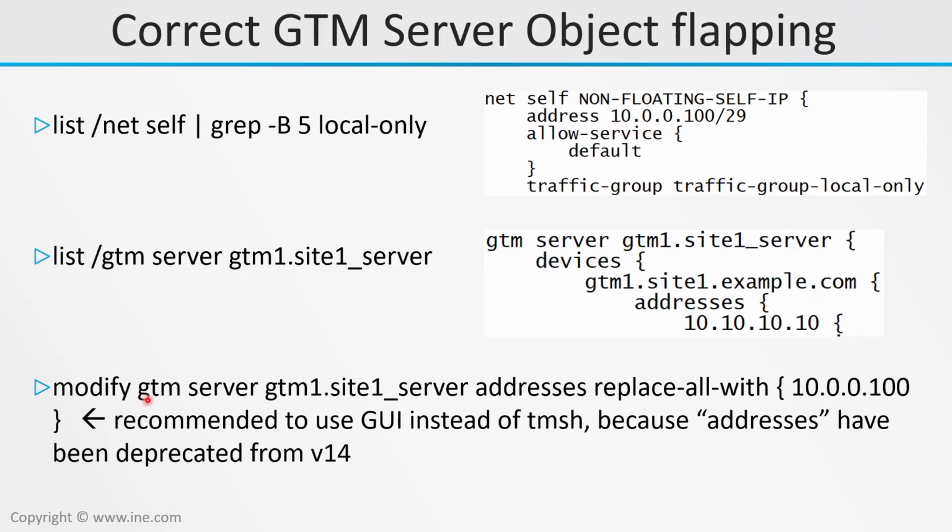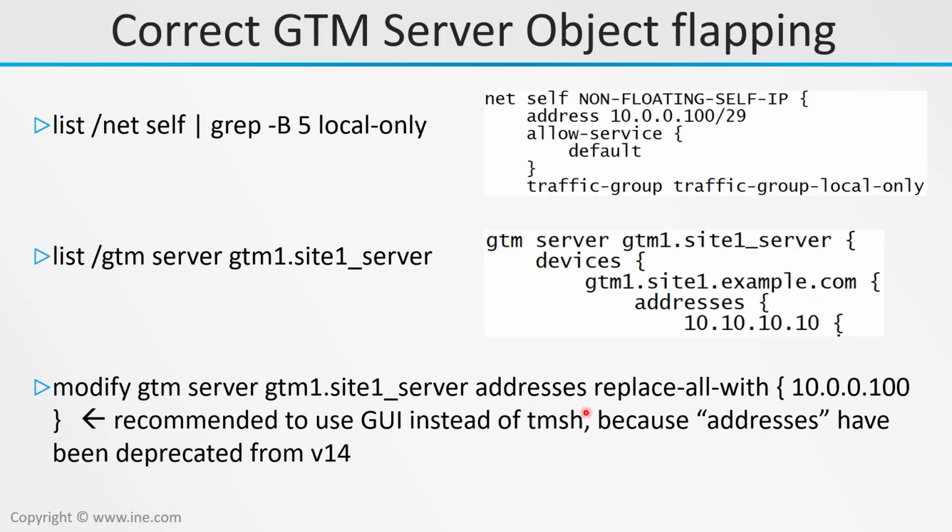You can do this in the GUI, or if you choose to do it via TMSH, you do a modify and then the GTM object, and you replace the addresses section and replace all with our correct non-floating self IP. It is recommended to use the GUI for this because it seems like the addresses command has been deprecated from version 14.